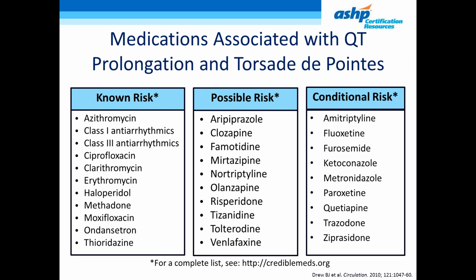So, for example, it would make sense that the antiarrhythmic drugs would be associated with QT prolongation and potentially ventricular arrhythmias. But as we go through these lists, we see that there are several antibiotics that appear in the known list, so drugs that are known to prolong the QT interval, medications like azithromycin or ciprofloxacin.